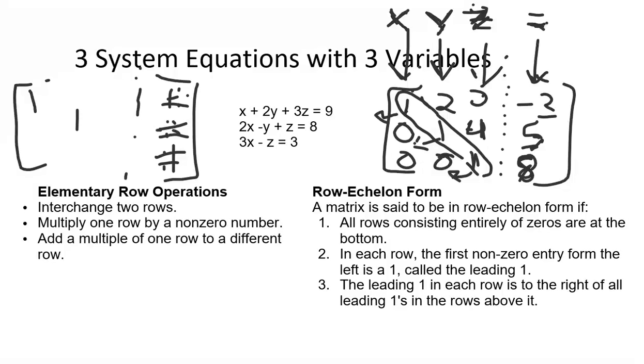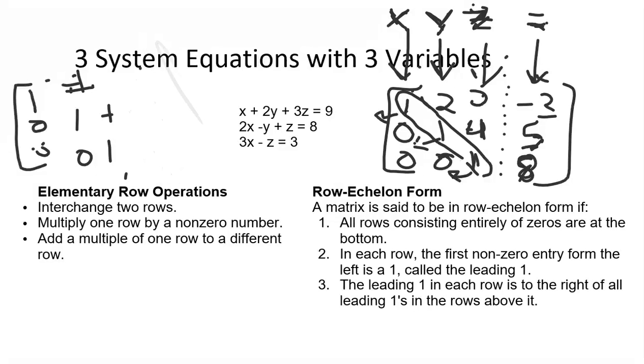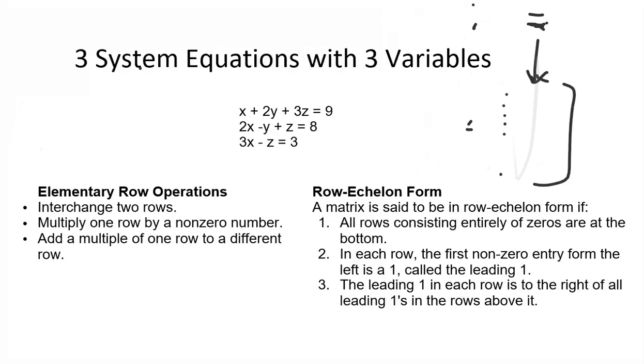My diagonals have got to be my 1s. I could throw in my zeros, and then to the right of the 1s, don't care what they are, they can be any number under the sun. And what that's going to allow us to do is solve for our lowest variable, which is going to be our z, and then we're going to substitute backwards to find what our x and our y are going to be. So let's look at an example of this, and let's look through it one step at a time.